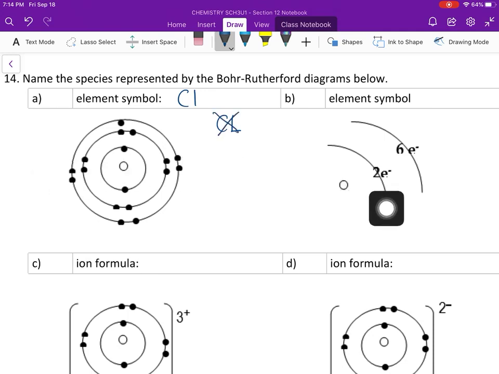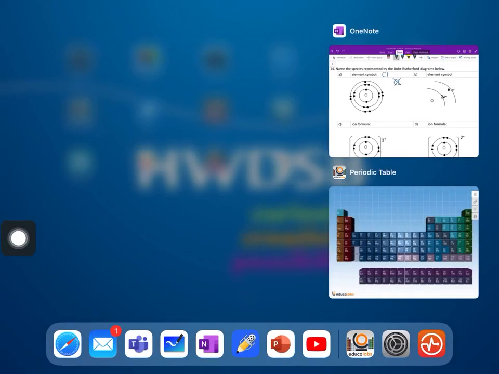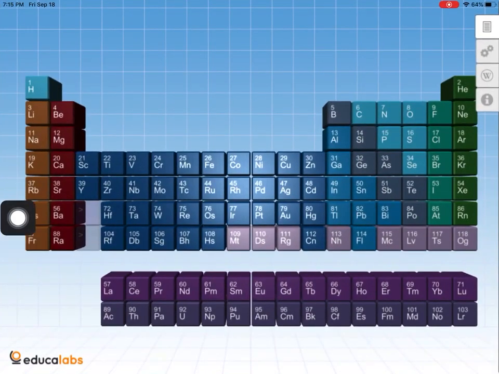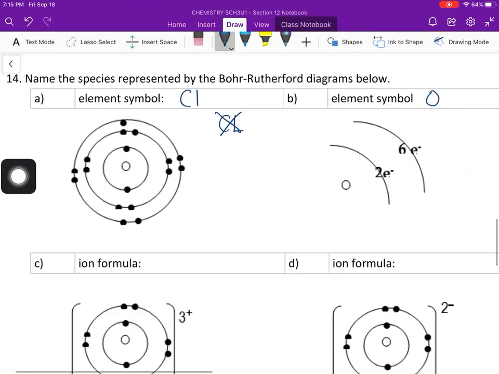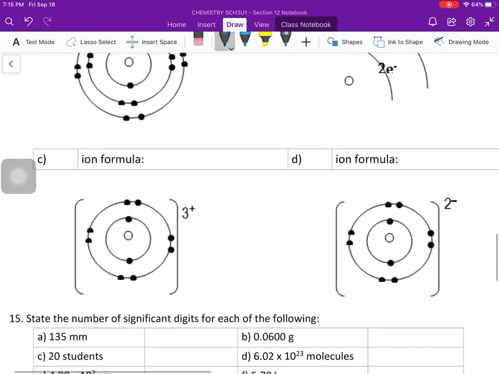Okay, the next one has 2 shells of electrons, and there are 6 electrons in the outer shell. So I'm looking to the second row and the 6th, so 3, 4, 5, 6. So that one is oxygen. Okay, now I have ions.